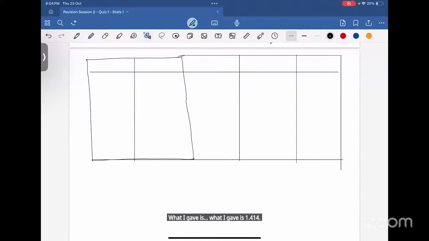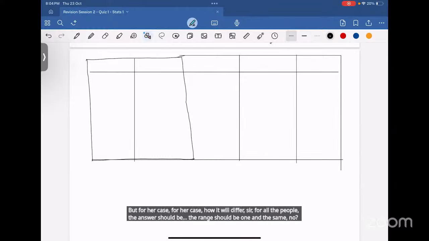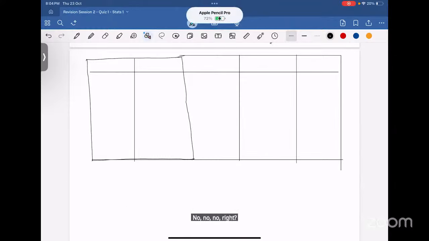I got the score correct only. But in her case, how will it differ, sir? For all the people, the range should be one and the same, no? No, the values given to you are different from Sweta's.